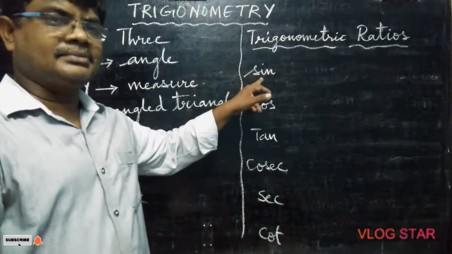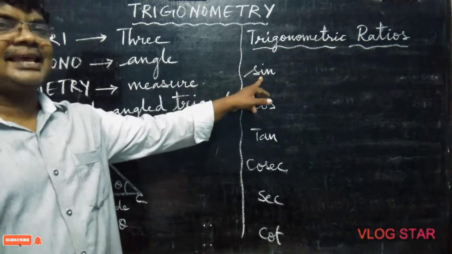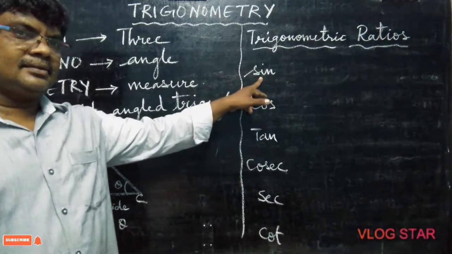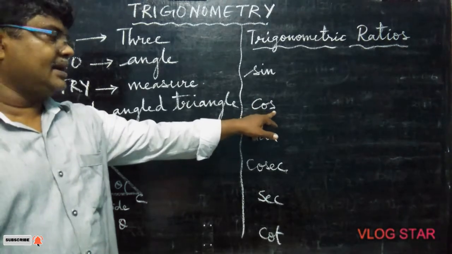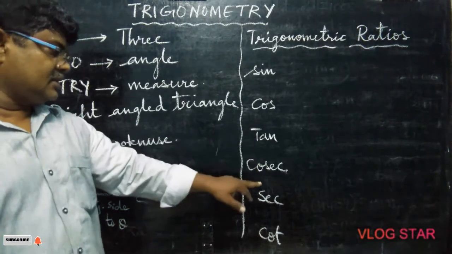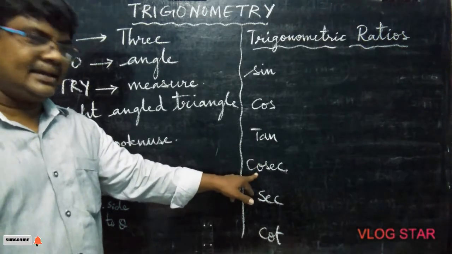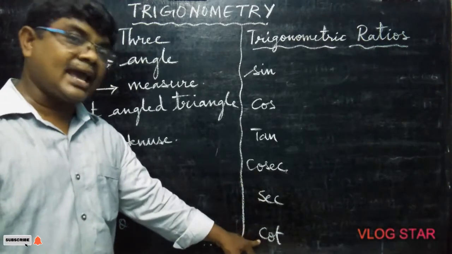Complete names are in the textbook, you can see. The shortcut is sin for sine. This is cosine, tangent, cosecant, secant, cotangent, we will write the shortcuts.